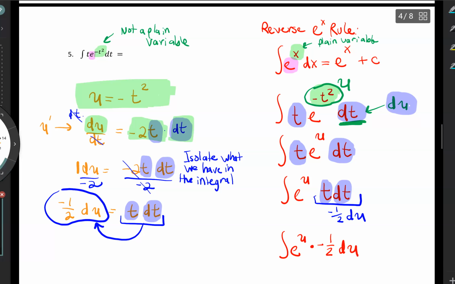So I'm going to put a little note here. We have the t and dt that we need.